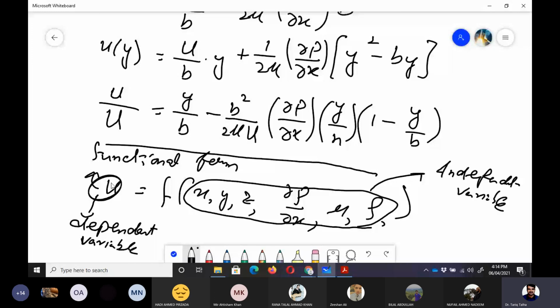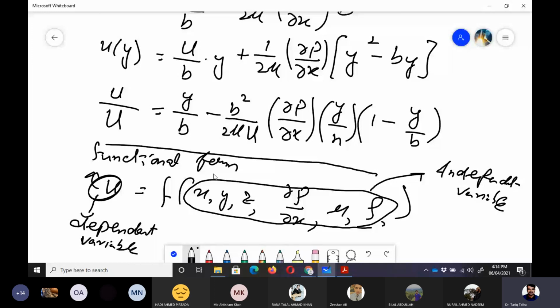So velocity is a function of x, y, z coordinates, pressure gradient, viscosity, density, the surface roughness, and so on. So we have about 10 parameters there.